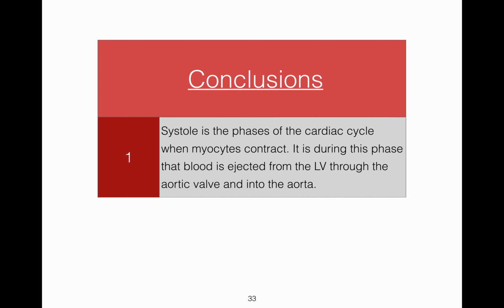In conclusion, systole is the phase of the cardiac cycle where myocytes contract. It's during systole that blood is ejected from the LV through the aortic valve into the aorta and systemic circulation.